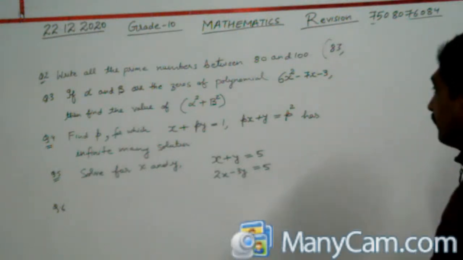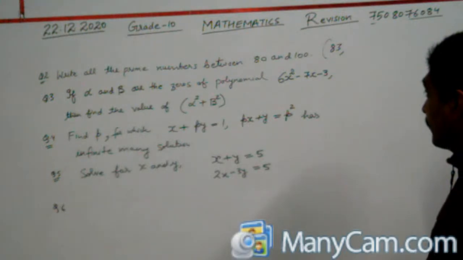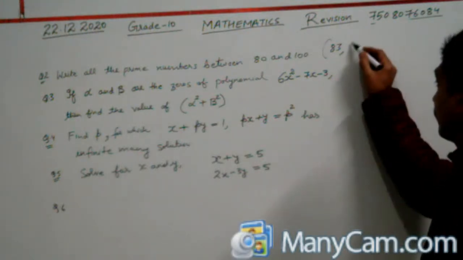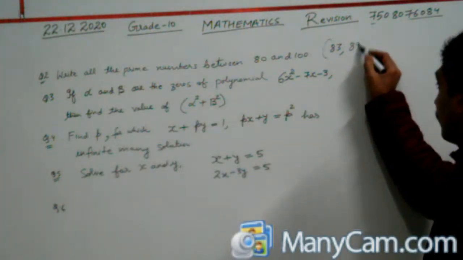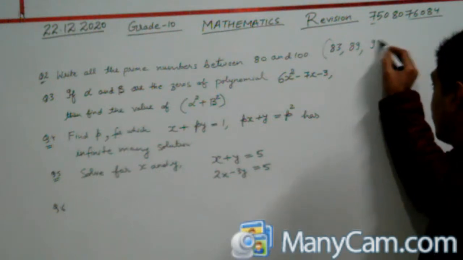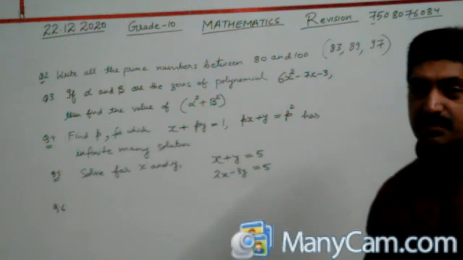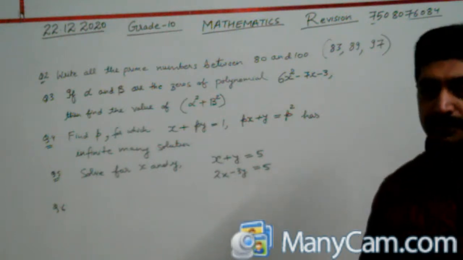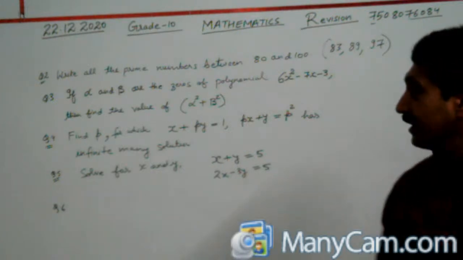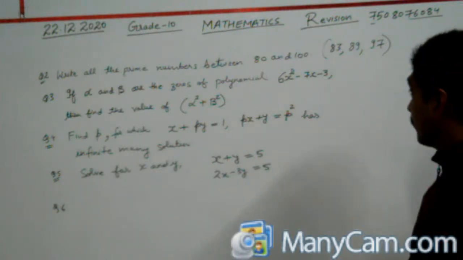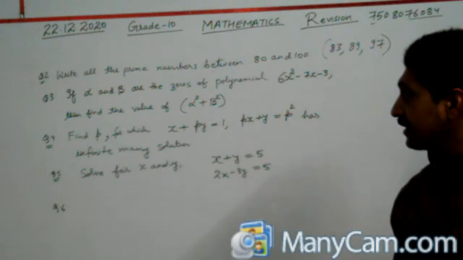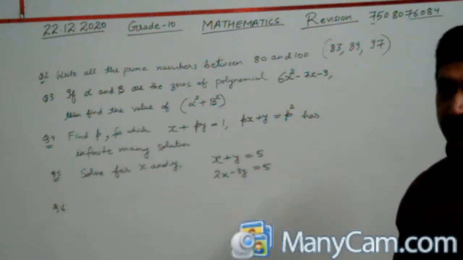Then we have 89 and 97. These are the only prime numbers between 80 and 100. Right? This is the second question.